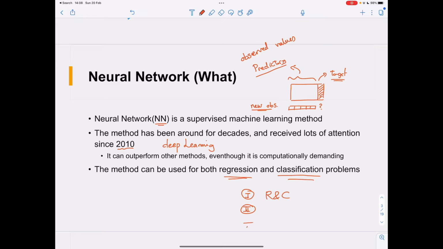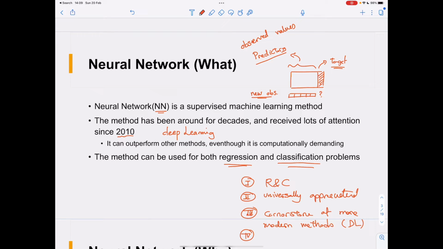It is universally appreciated. The third one is that it's a cornerstone of more modern methods such as deep learning methods. And the fourth one is that it is very good at prediction.